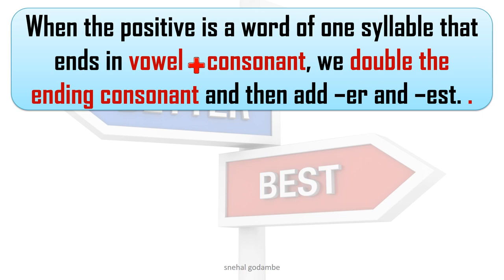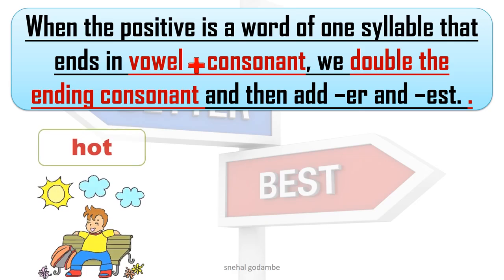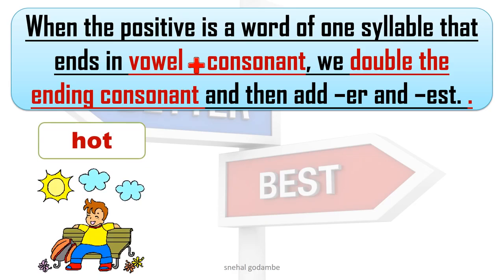For example, hot. Now it is a hot day, we say. See here, O is a vowel and T is a consonant. Only one syllable, and it has a vowel and a consonant. Then how do we form a comparative degree adjective? Just see.